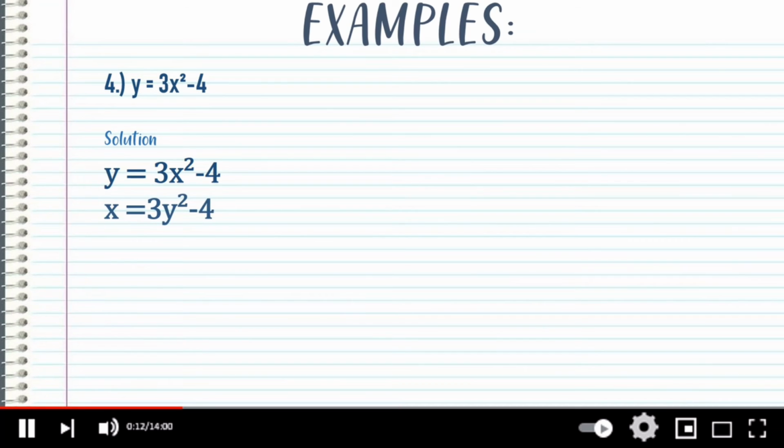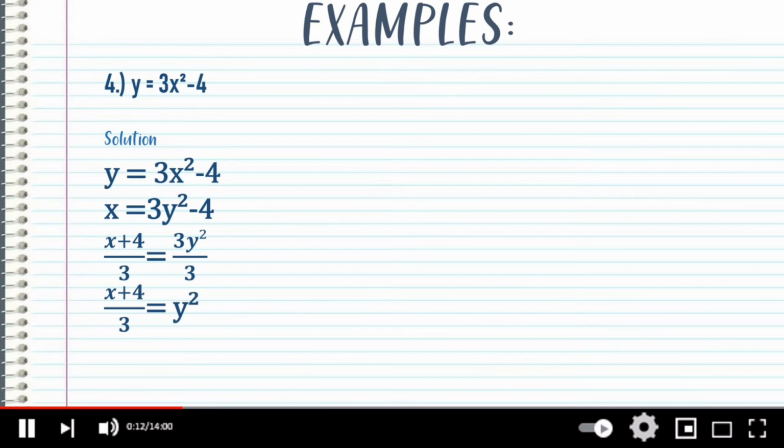Next example, find the inverse of y = 3x² - 4. First thing we have to do is substitute x with y and y with x, so it will become x = 3y² - 4. Now express y as a function of x and simplify by dividing both sides by 3.